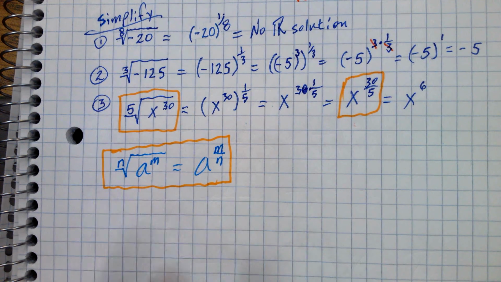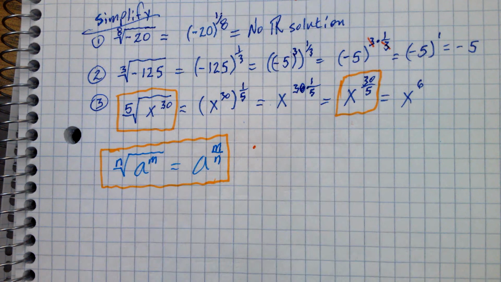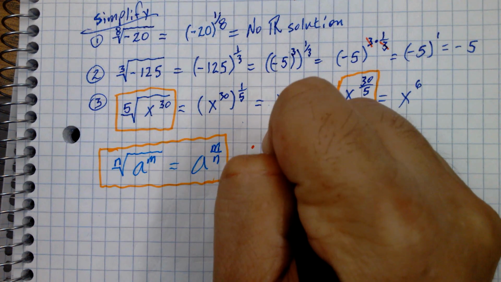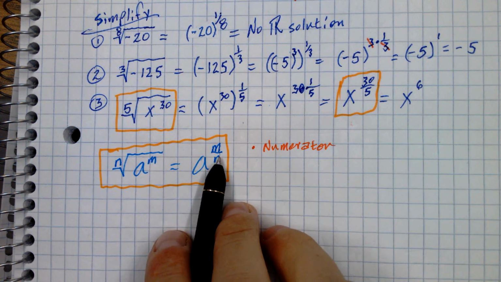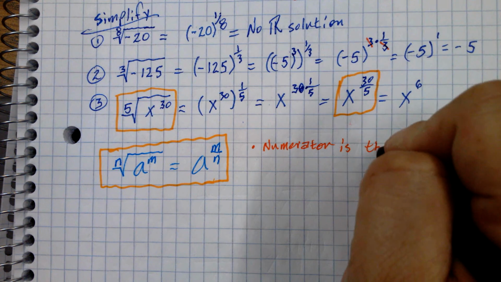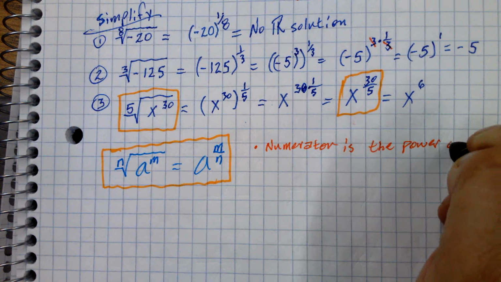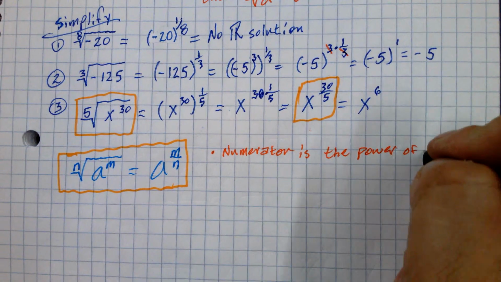Okay, so this is another rule, or the other rule that we're going to be using. Let's highlight a couple of things. The numerator, in this case it became m, is the power of the base.